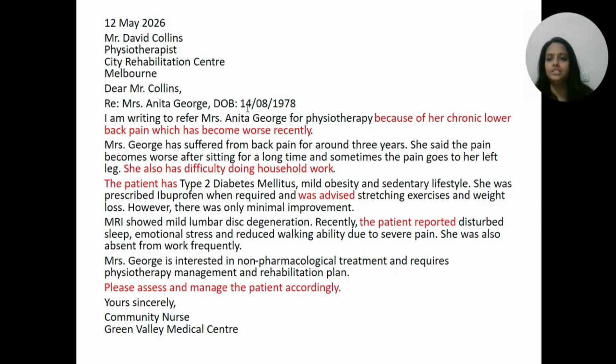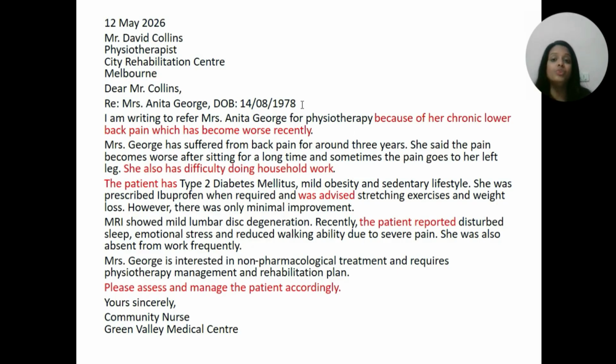For example, you can say her symptoms are increasingly affecting daily functioning, mobility, and occupational attendance. This will suddenly increase the functional impact, right? The referral feels medically justified and the purpose becomes stronger. So that you call it an advanced OET writing, not this one, because this one is not prioritized.